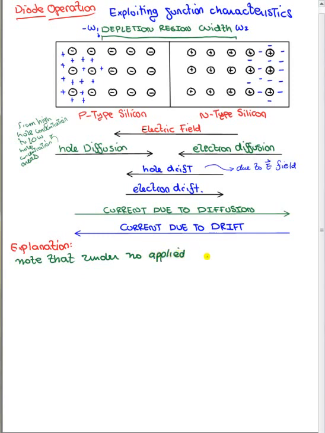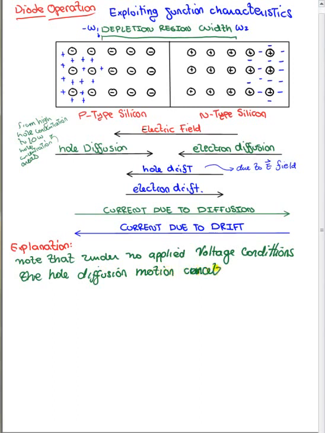So note, under no applied voltage conditions, the hole diffusion motion cancels with the hole drift motion, and the electron diffusion motion cancels with the electron drift motion.